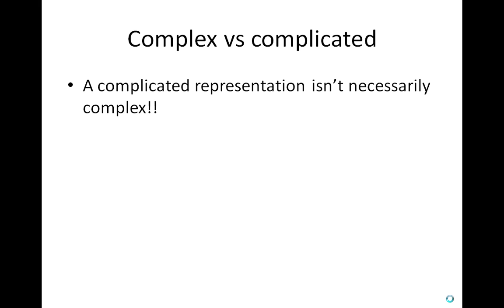The other trap not to fall into, which a lot of students do every year, is the difference between a complex representation and what I'd call a complicated representation. Just because there's a lot of stuff in there or a lot of symbols doesn't mean it's a complex representation. I'm sorry these are a little bit blurry, but these come from Word. So the top icon is an illustration of this.